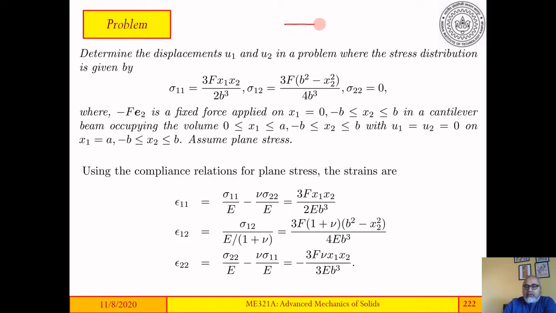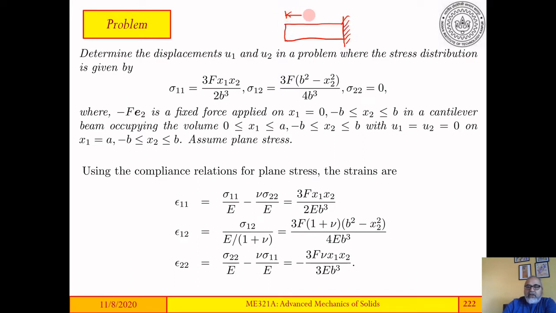So I have a cantilever beam which is fixed at this edge.